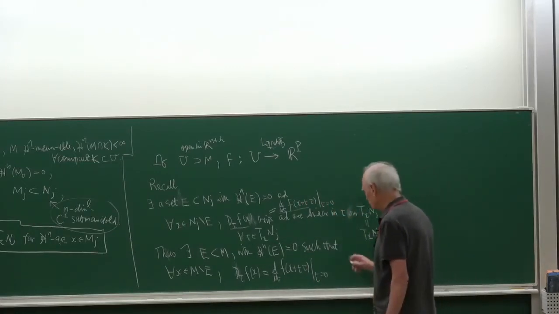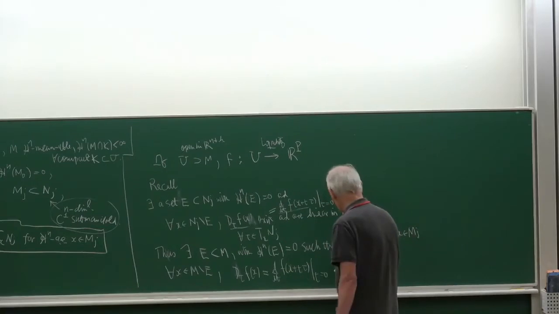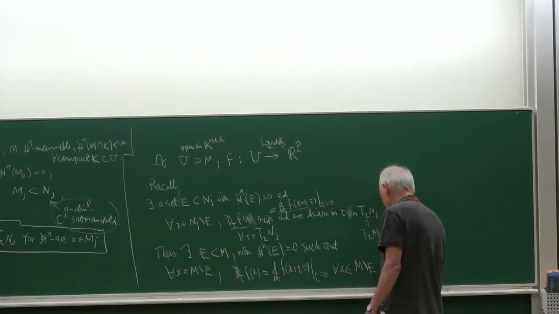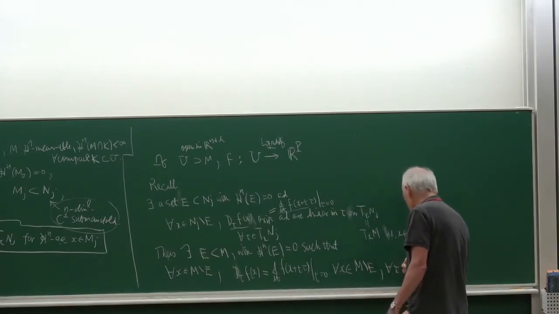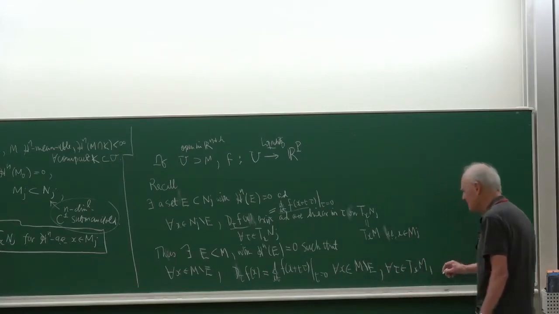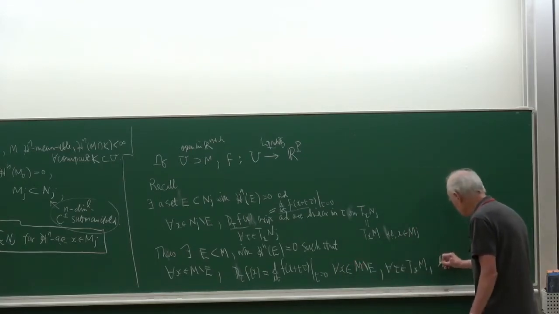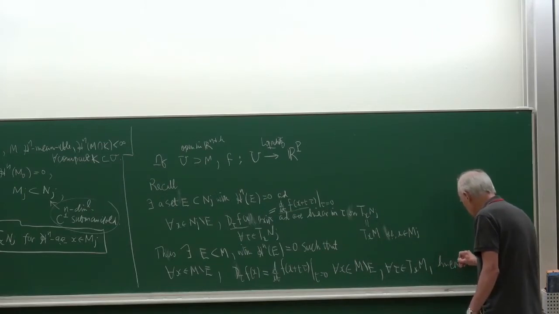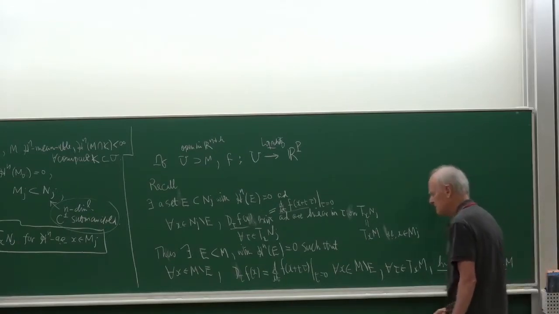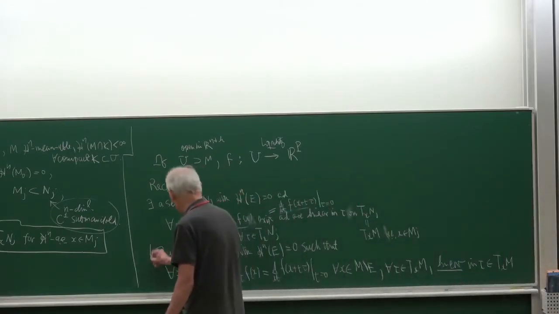That's true for every x in M minus E, and for every tau in the approximate tangent space T_x M. Furthermore, this is linear in tau on this approximate tangent space. So that's a very, very useful fact.